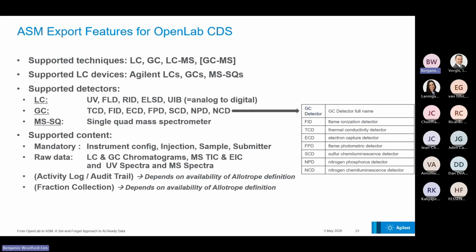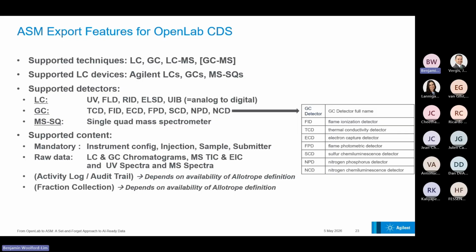So we are supporting the UV detectors, DAD, MWD, VWD, fluorescence detector, the refractive index detector, the evaporative light scattering detector, and also analog to digital conversion through our UIB device. You have the various GC detectors, so that's basically all of what we're having available, and also the single quad mass spectrometer from Agilent.